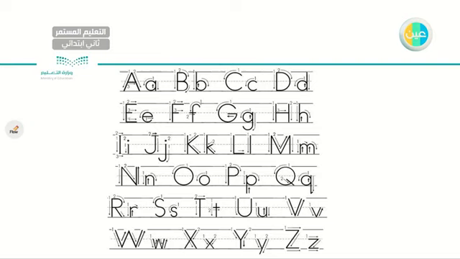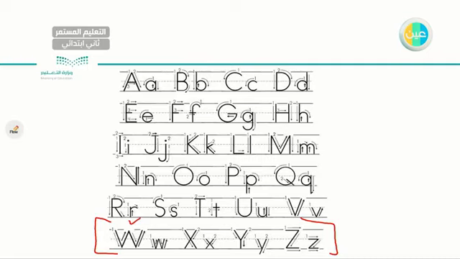A, B, C, D, E, F, G, H, I, J, K, L, M, N, O, P, Q, R, S, T, U, V, and I will introduce the 4 new letters that we will learn today. W, X, Y, Z.